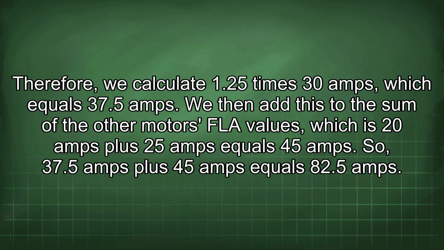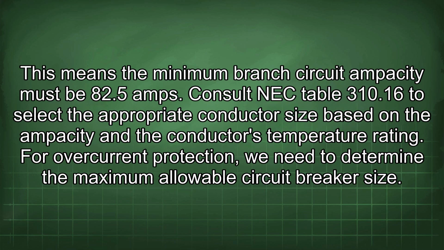We then add this to the sum of the other motors' FLA values, which is 20 amps plus 25 amps equals 45 amps. So, 37.5 amps plus 45 amps equals 82.5 amps. This means the minimum branch circuit ampacity must be 82.5 amps.